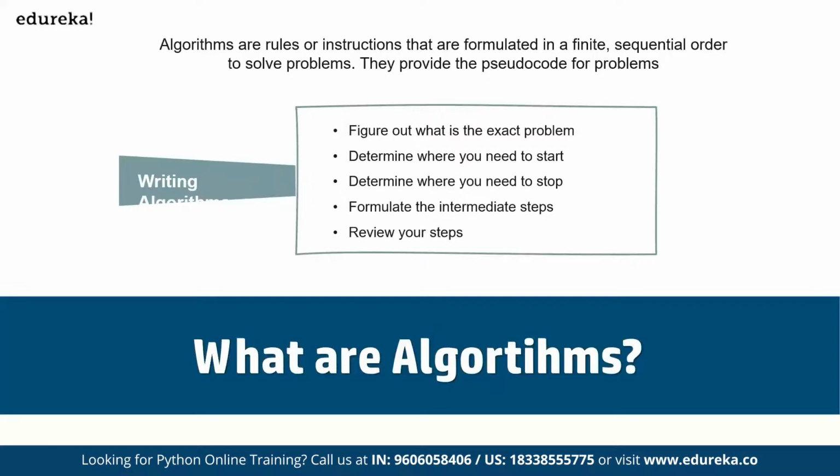Algorithms are generally written as a combination of user-understandable language and some common programming languages. Now they are commonly written down in steps. However, it is not always necessary to do so. There are no distinct rules to formulate algorithms, but we will need to keep the following pointers in mind, like we can see on the screen.